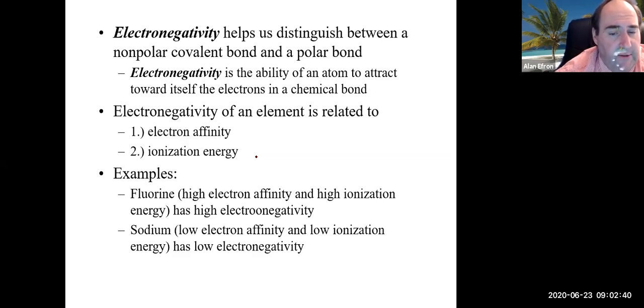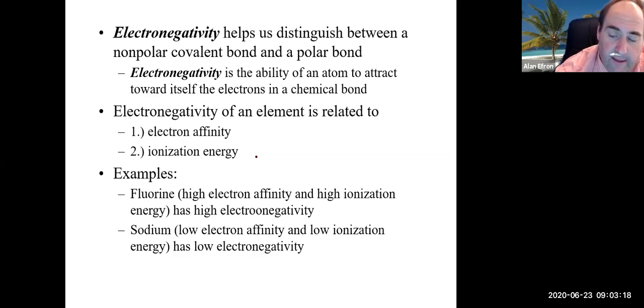Again, a reminder that electronegativity is the ability of an atom to attract electrons towards itself in a chemical bond. Electronegativity of an element is related to the electron affinity, which is the energy change when an atom gains an electron. It generally increases as you go up and to the right on the periodic table, and also ionization energy. Remember that as you go up and to the right on the periodic table, elements have much higher ionization energy than if you go left and down.